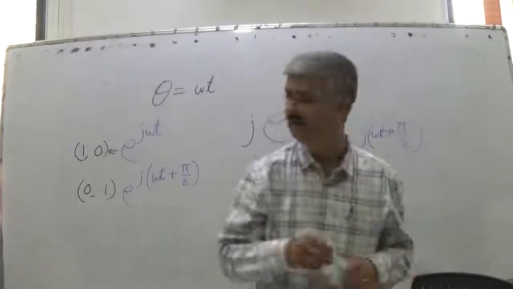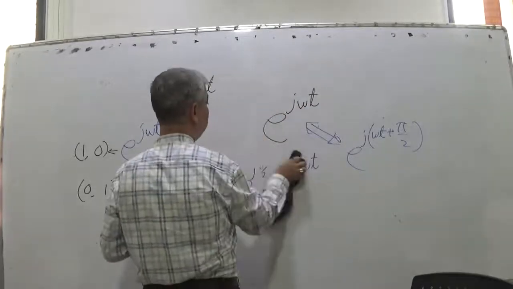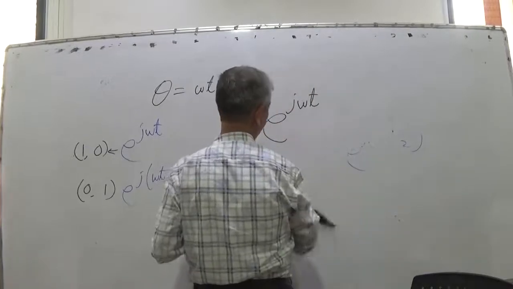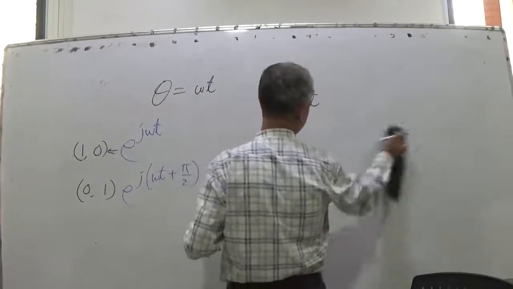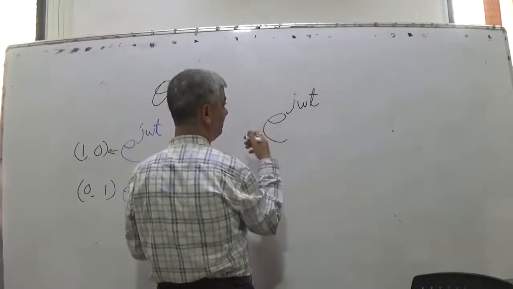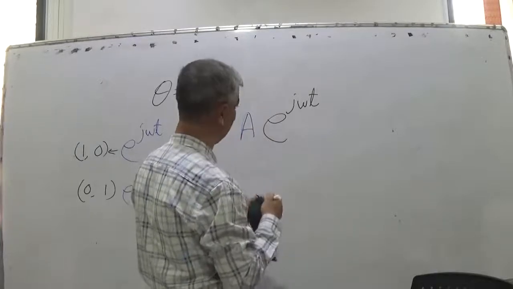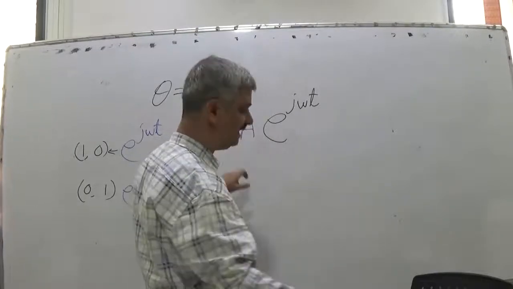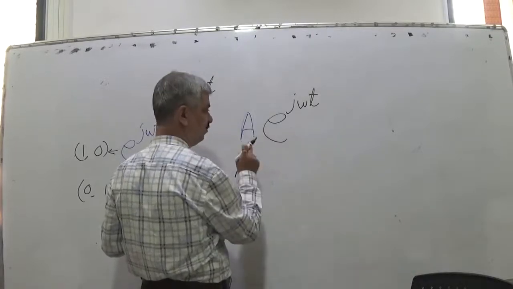So in general, when we multiply this phasor e raised to j omega t, we can multiply it by any number, let us say c, or sometimes a is also used, let it be a. So a e raised to j omega t, where this a can be either a real number or an imaginary number or a complex number.